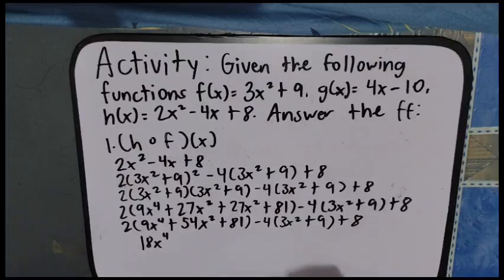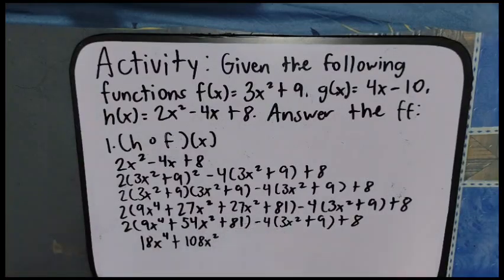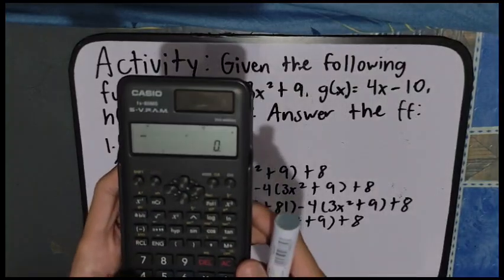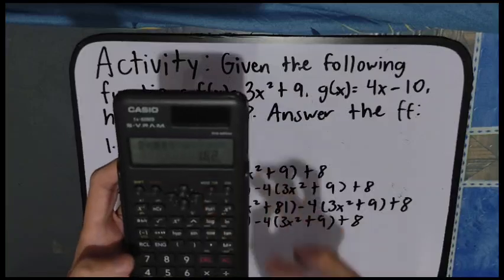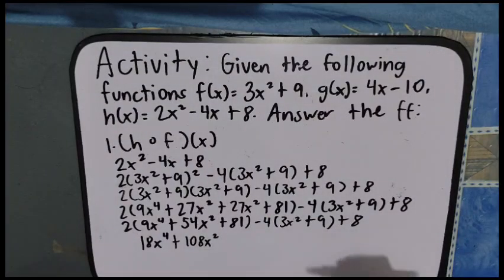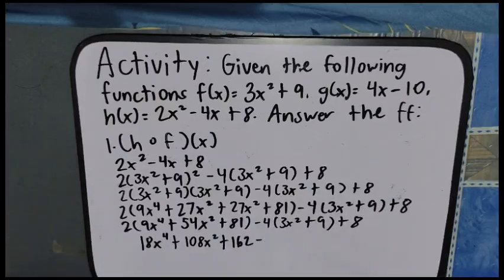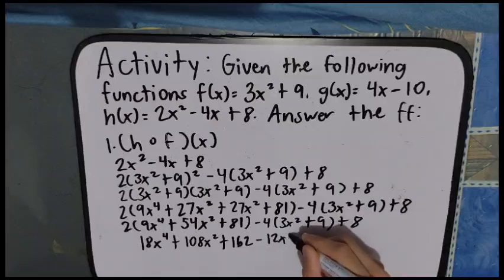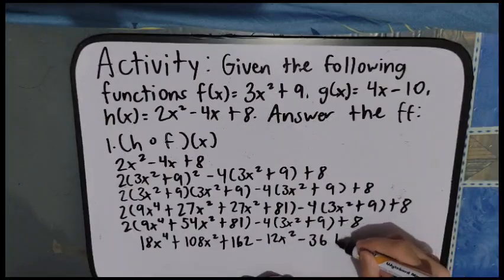So we have positive 108x squared. Then we have 2 times 81, we have the answer of 162. So positive 162 minus 4 times 3x squared, we have 12x squared. Then negative 4 times positive 9, we have the answer of negative 36, and then copy 8.